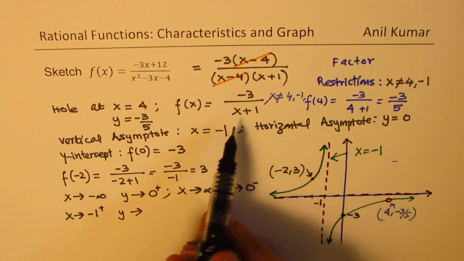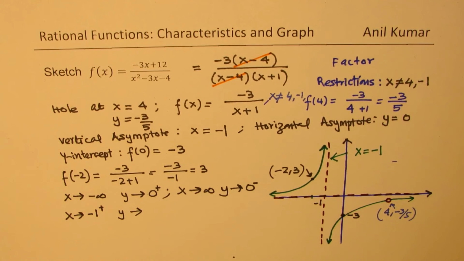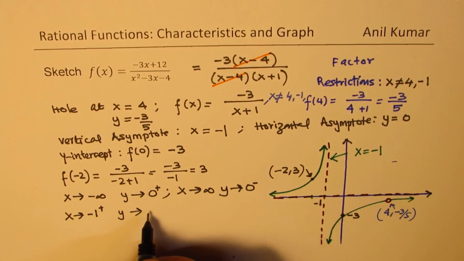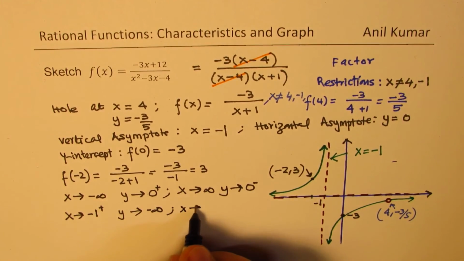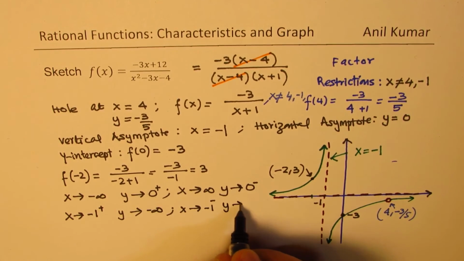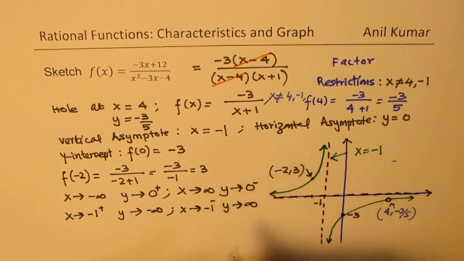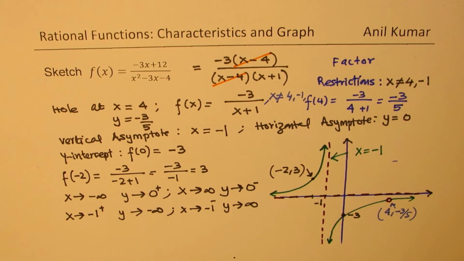And what we get here, when we write minus 0.9, is that the numerator is negative, but the denominator is positive. So we get negative infinity. And when x approaches minus 1 from the left side, we see that the y value approaches positive infinity. So that is the behavior near the vertical asymptote, right? So I hope that is absolutely clear.